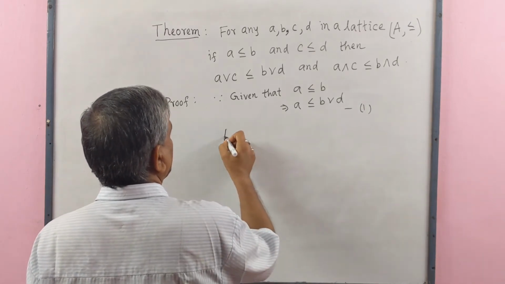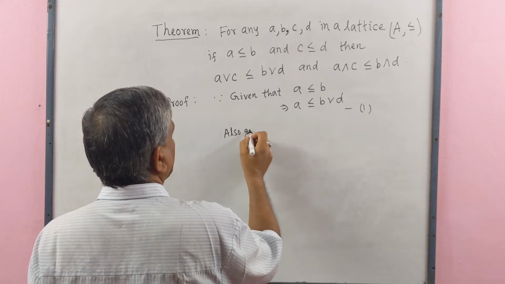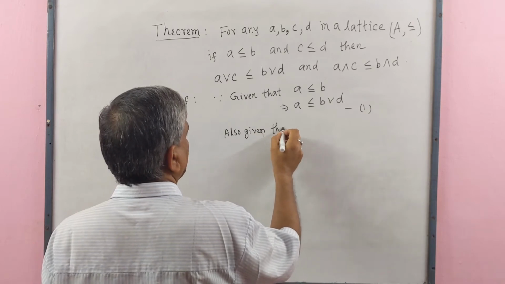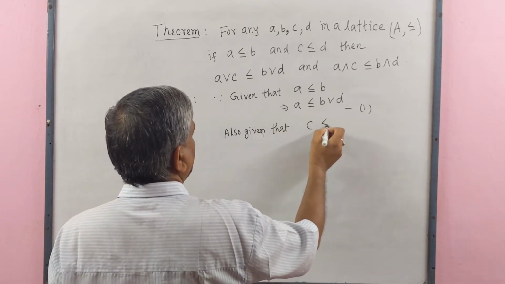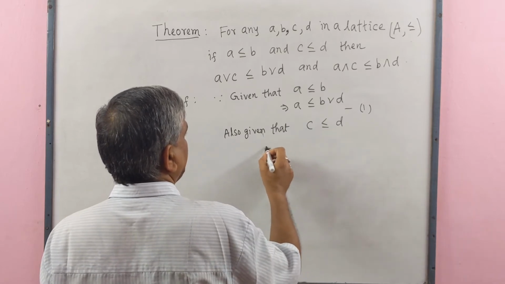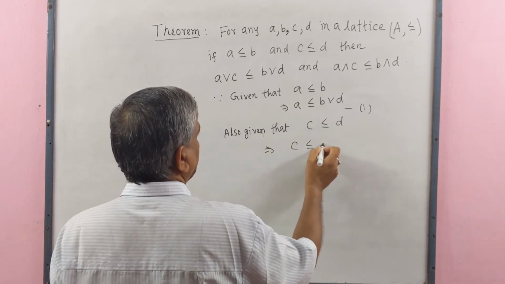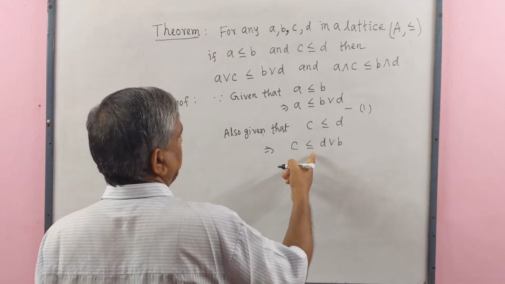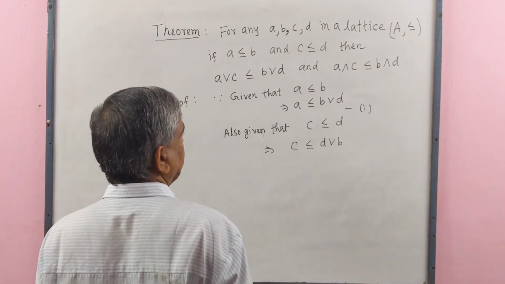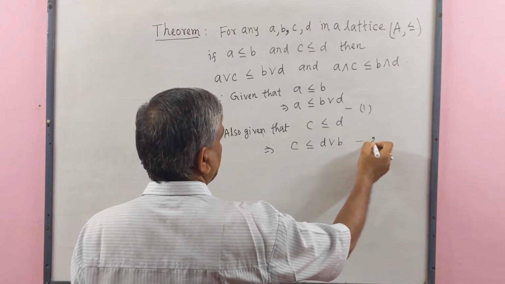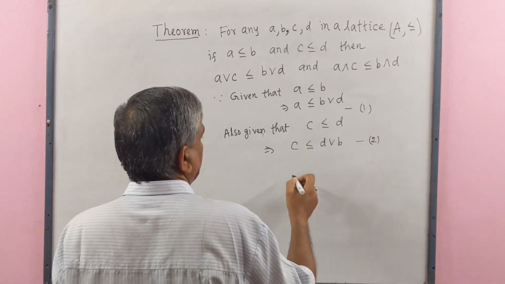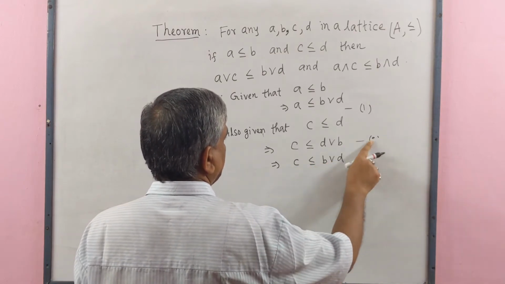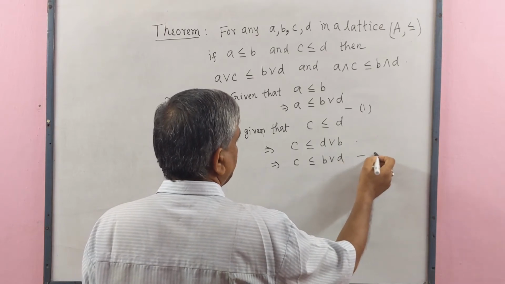Also given that C less than equal to D, implies that C less than equal to D joins B. In our previous theorem we have seen this. Implies that C less than equal to B joins D, since joins is commutative.